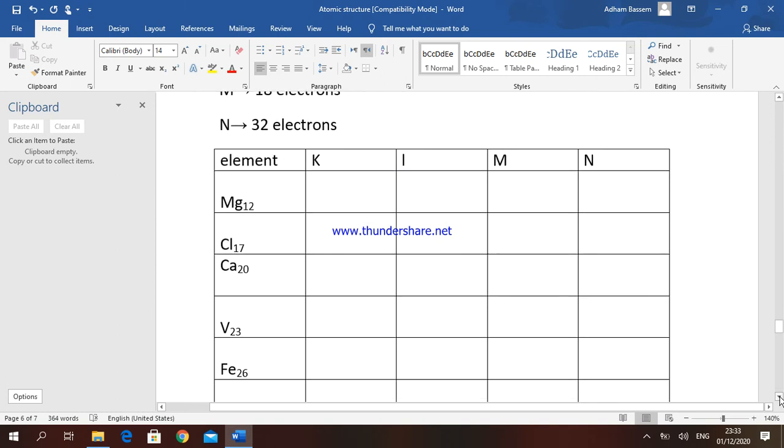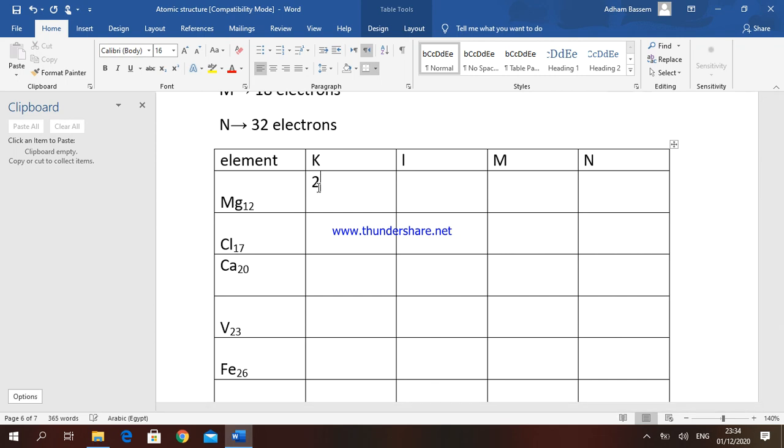We apply this to magnesium. The atomic number of magnesium equals 12, so it has 12 electrons. We must distribute the 12 electrons inside energy levels. K is saturated with 2, so the remaining is 10.